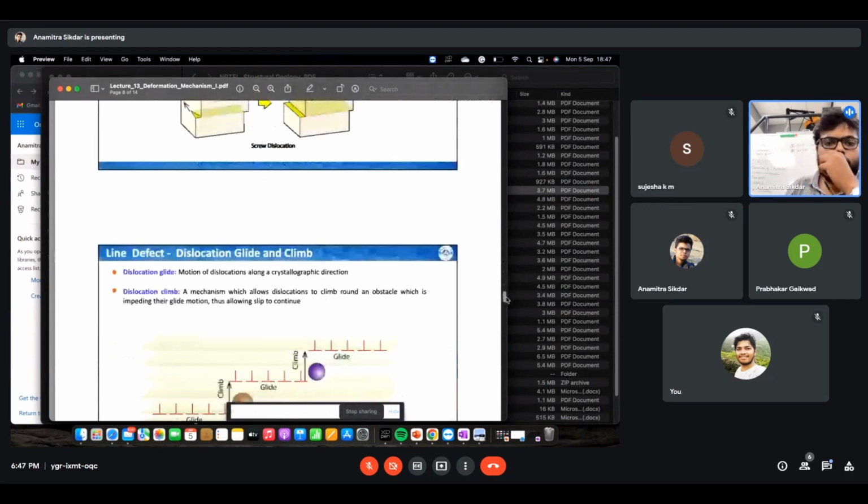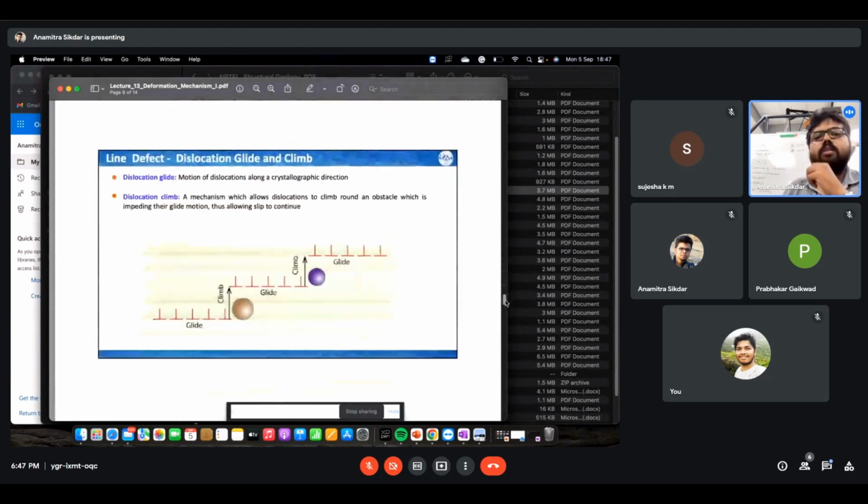And so there are dislocation movements, as I said. If the dislocations want to avoid an already present interstitial, they have to climb, then glide, and again climb, then glide. This is a simplistic diagram, but climb means you are changing the level where the dislocation was previously. There is a plane and the dislocation is moving along that plane.